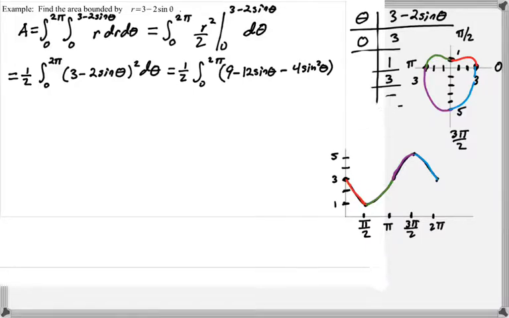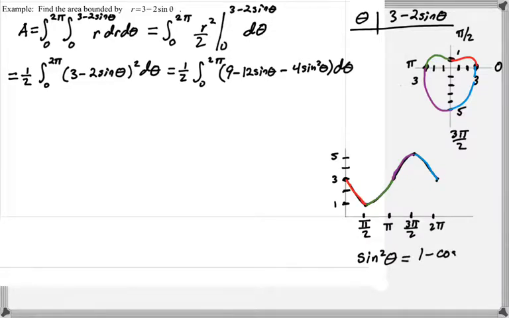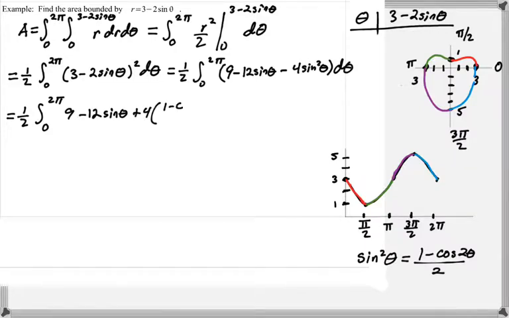Move some of this out of our way. Okay, and then we're going to make a note. Power reducing formula: sine squared of theta is equal to 1 minus cosine of 2 theta all over 2. So we're going to make that replacement. So our integral becomes the integral from 0 to 2 pi of 9 minus 12 sine of theta minus, we have a mistake.